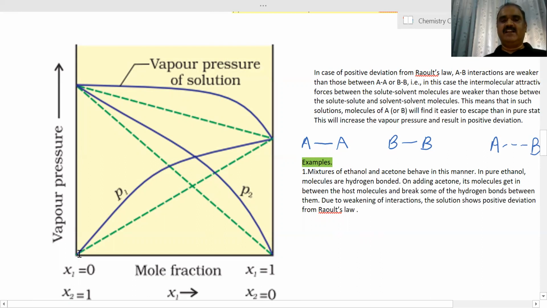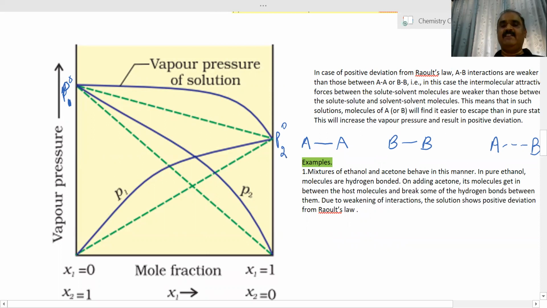And this line is showing vapor pressure linear relation for component number 1, and this is for component number 2. Here, because it is pure component 1, so you can call it is P degree 1. Vapor pressure of pure 1 component. And this is P degree 2, vapor pressure of pure component 2.